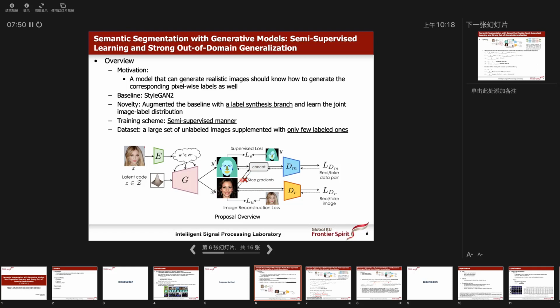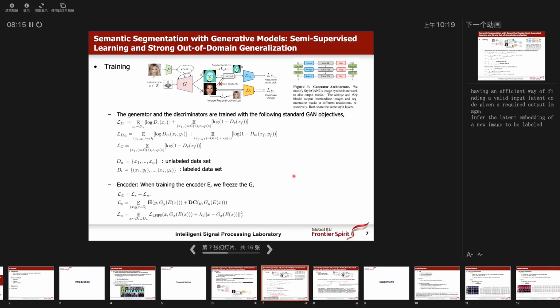He also used a semi-supervised training scheme. Through the semi-supervised manner, we can make use of large amounts of unlabeled data. So the data set is a large set of unlabeled images supplemented with only a few labeled ones.